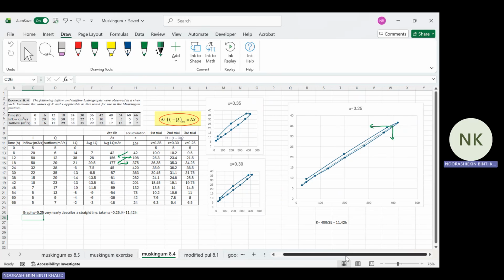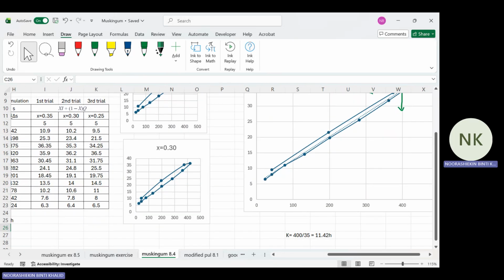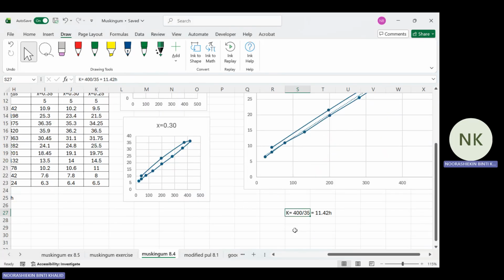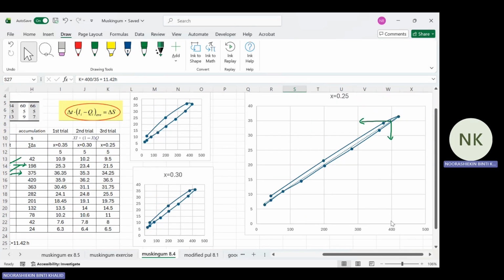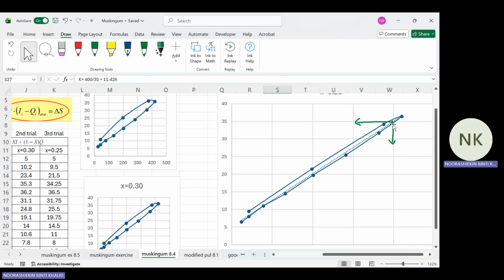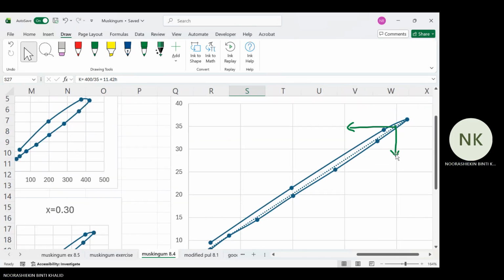11.42. How to get k? Referring to this one, k is equal to 400 divided by 35. You find out which one goes to the straight line.